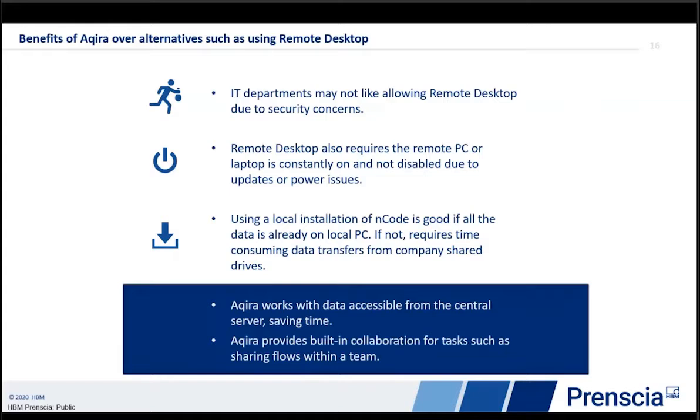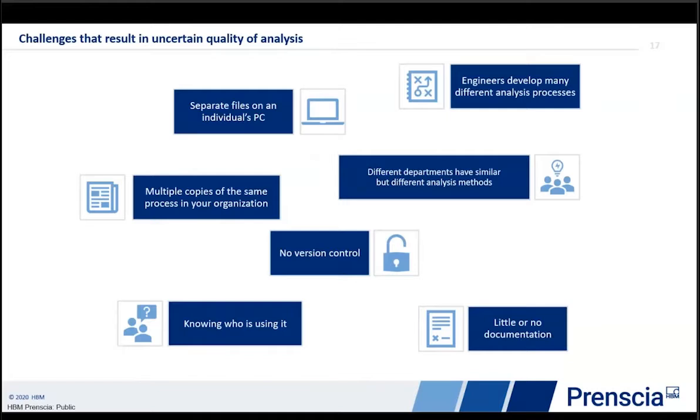So going beyond just the ability to run nCode through a web browser, Aqira also provides those standardization techniques. Otherwise, what you end up with is different islands of analysis happening on different people's machines, with separate files on different PCs.